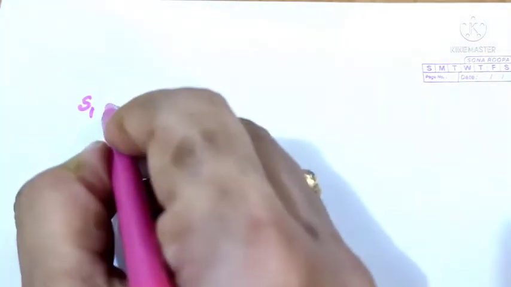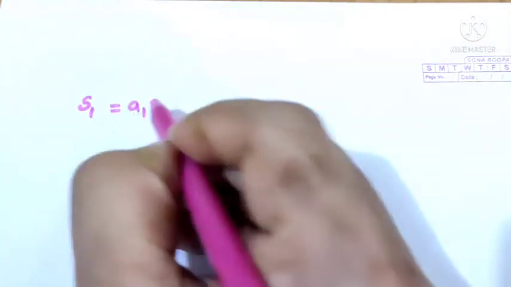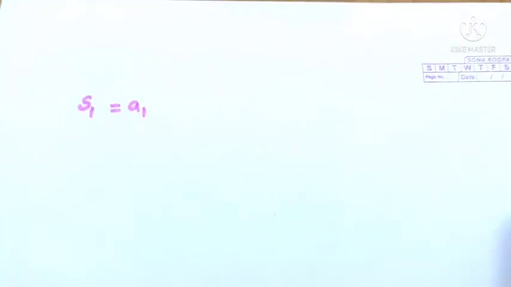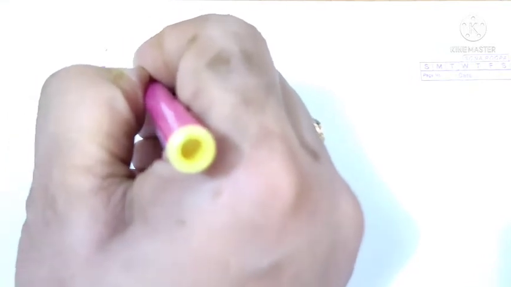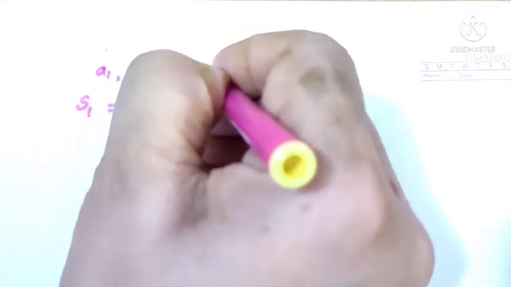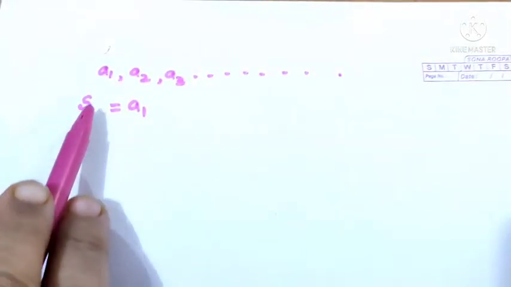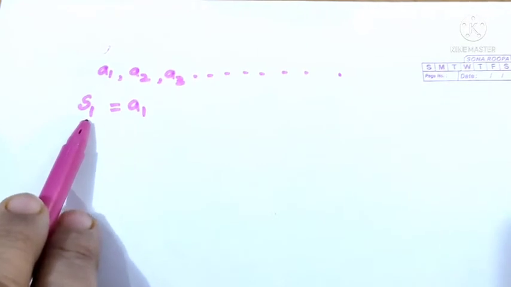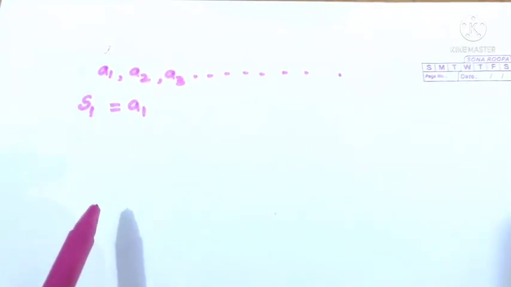As we know, S1 denotes the sum of the first term. That means only one term is possible, right? So if you don't know, I will once again write a1, a2, a3, etc. are the terms of the AP. Then the first term S1, sum of the first term means a1 will come, right?